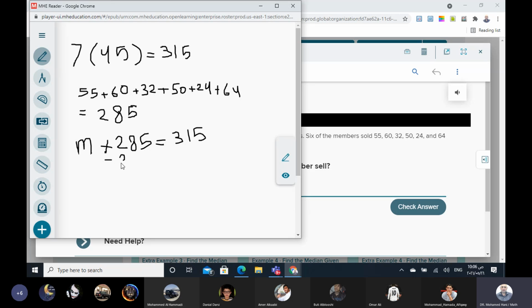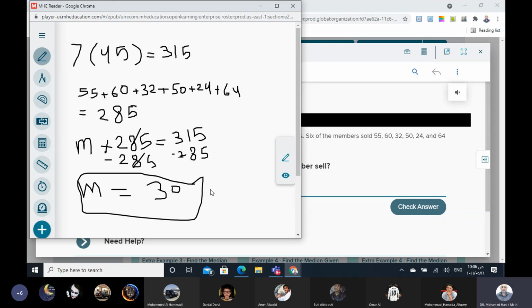So M equals 315 minus 285. The answer will be 30. So the missing value is 30. Who has any question here?